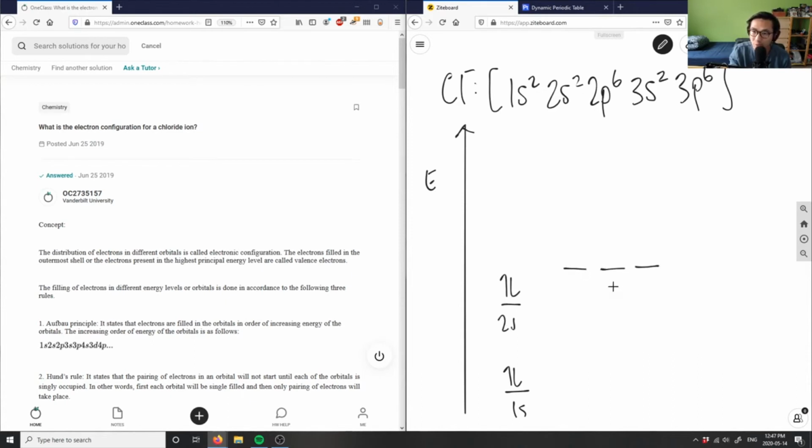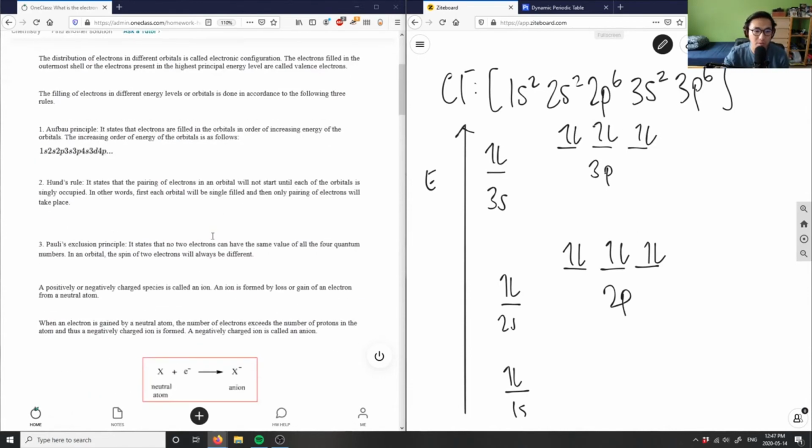I have the 2p, which is also filled: 1, 2, 3, 4, 5, and 6. Then I have 3s, which will be 1 and 2, and finally I have the 3p shells, and this is also filled: 1, 2, 3, 4, 5, and 6. This here is my energy level diagram for chloride.